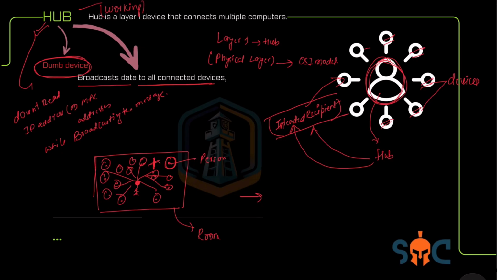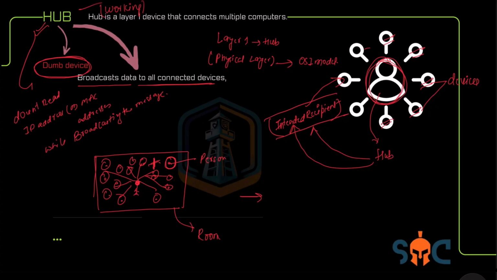Some legacy office networks may still have a hub connecting a few devices. So as a SOC analyst, knowing how hubs work helps you understand traffic patterns and potential vulnerabilities in older systems. Okay, so that is a hub device.